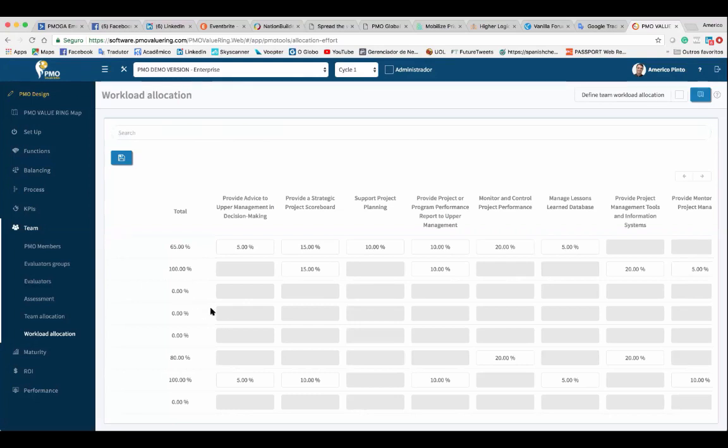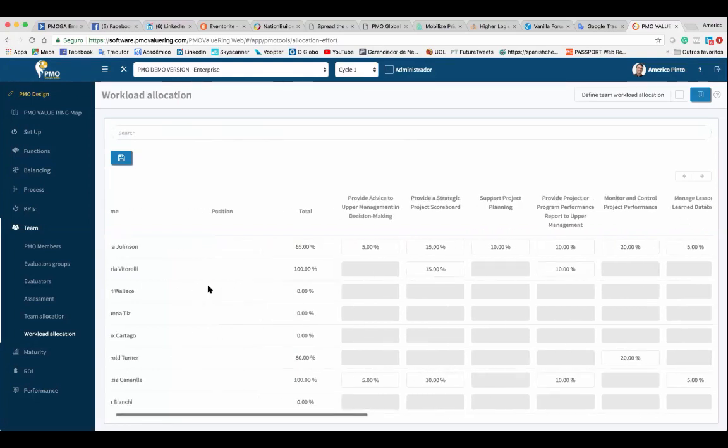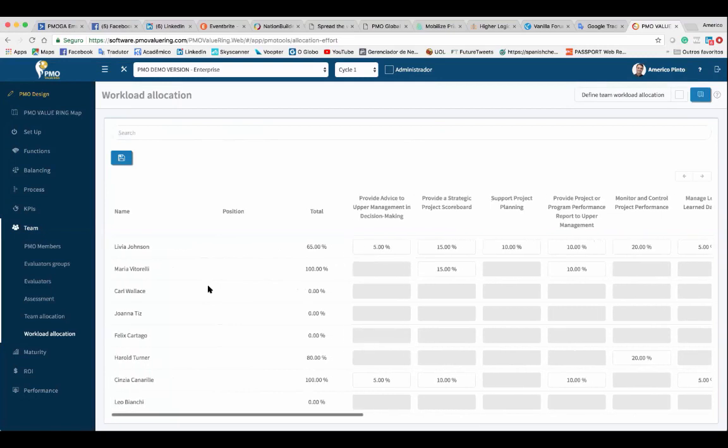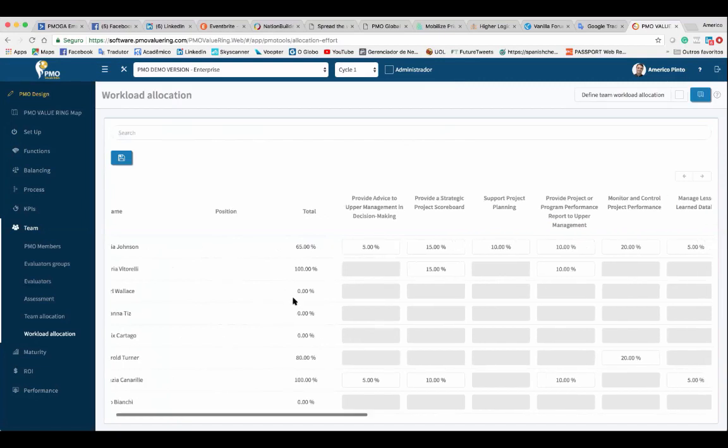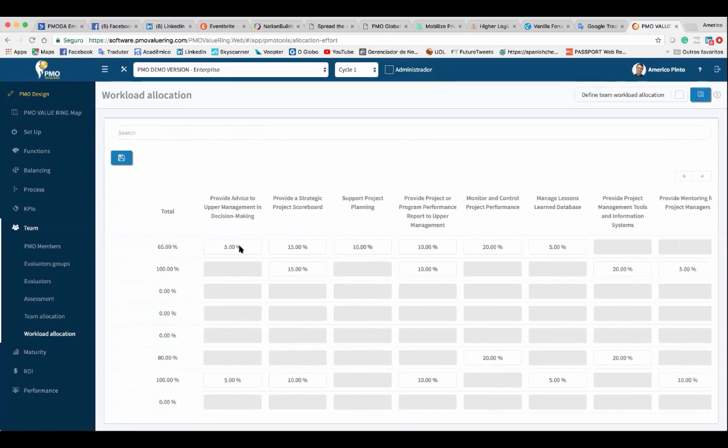So what you have to do is, let's suppose that in our previous screen, you decide to assign Livia to many, many different functions. So now you have to come here and you will say, how is the allocation of Livia?